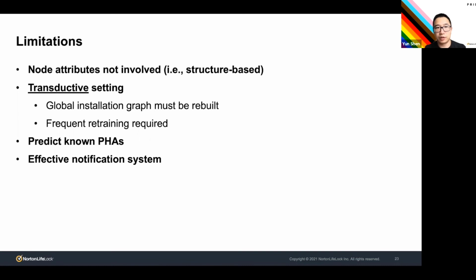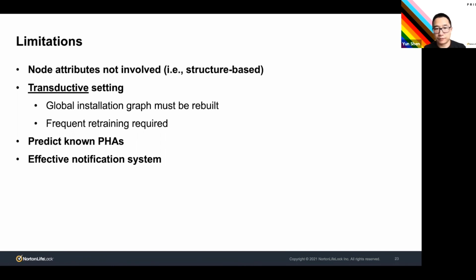And the third limitation is obvious: we can only predict known PHAs. We won't be able to predict previously unknown PHAs. And the final limitation is from the usability perspective: how do we devise an effective notification system to warn the user that, based on your installation history, you will likely install PHAs in the near future?